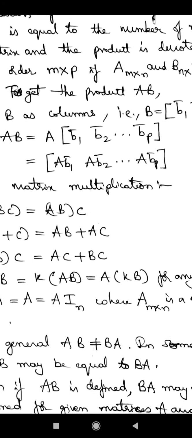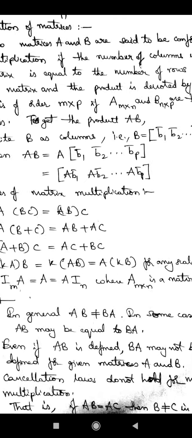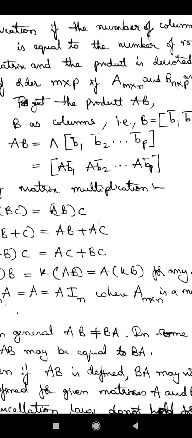This is how we can do it while solving problems, as we will see in later classes. So on the whole, the product AB is now equal to the matrix consisting of AB1 bar, AB2 bar, and so on up to ABP bar.